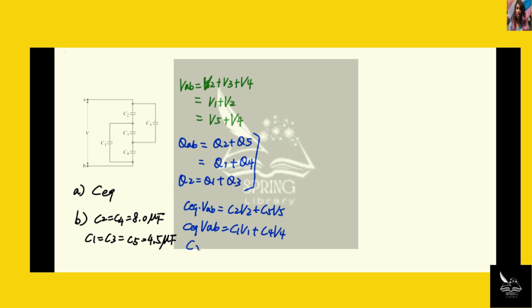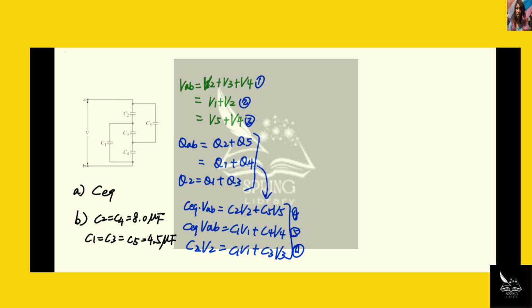And finally, C2 V2 equals C1 V1 plus C3 V3. Okay, now we have a set of 6 equations. Let me give some numbers: 1, 2, 3, 4, 5, 6. So these are the 6 equations.